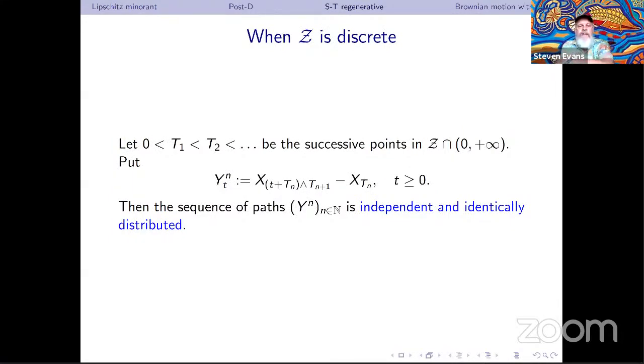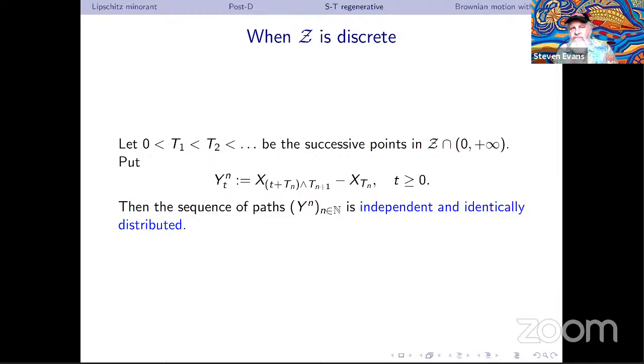Okay, so what do we get out of that? Well, if the contact set is discrete, and we look at the successive points in the contact set, then the sequence of paths, which we can think of as the excursions away from the contact set, are going to be an independent and identically distributed sequence of paths as n varies.